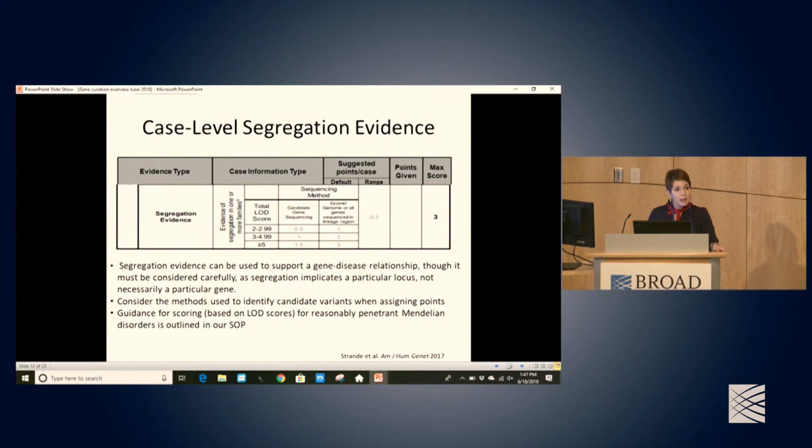Segregation evidence can be used to support a gene-disease relationship, though it must be considered carefully because, of course, segregation implicates a locus and not necessarily a particular gene.